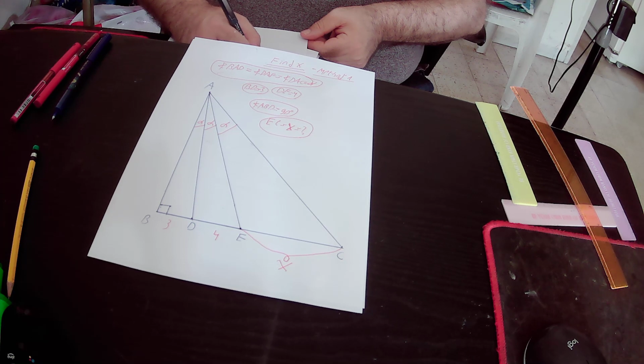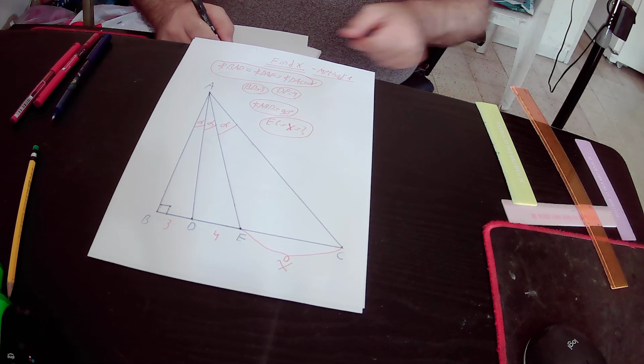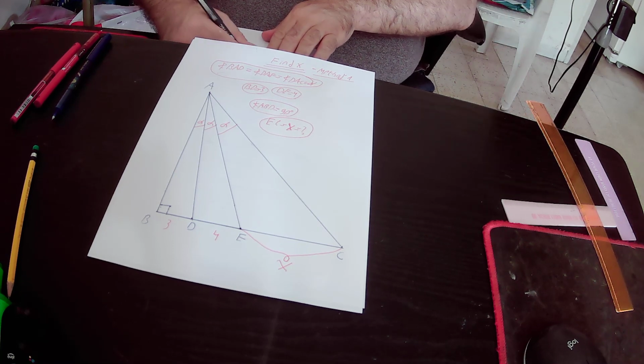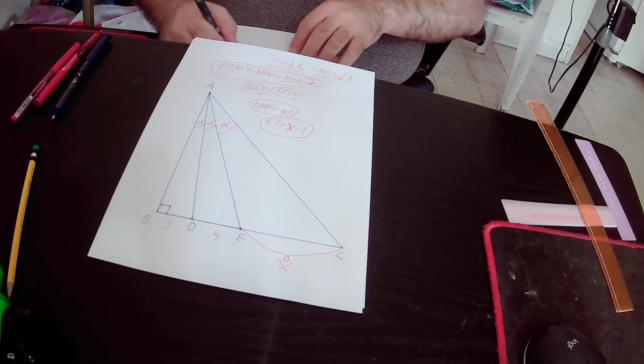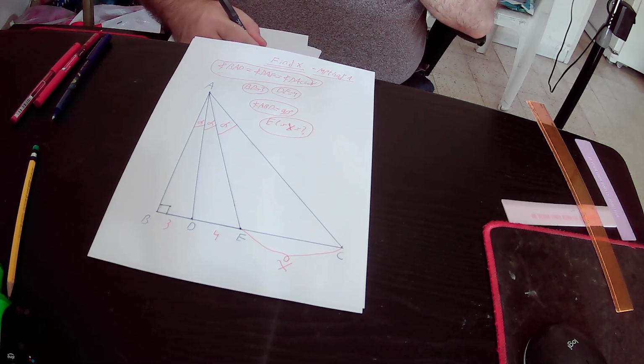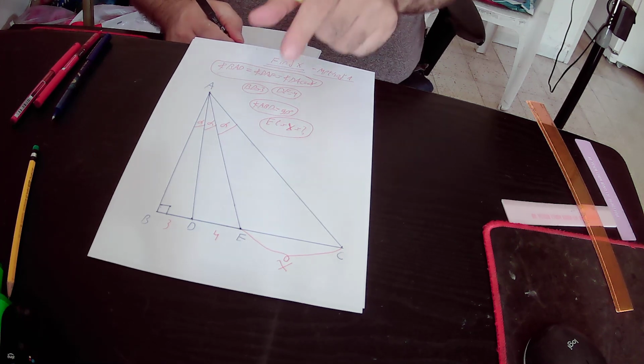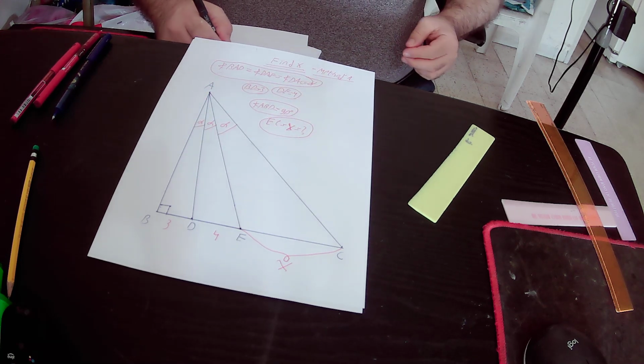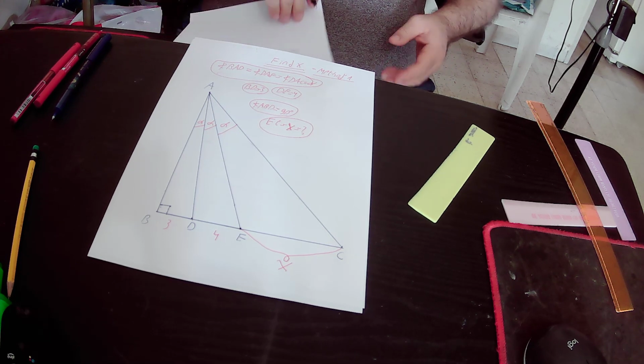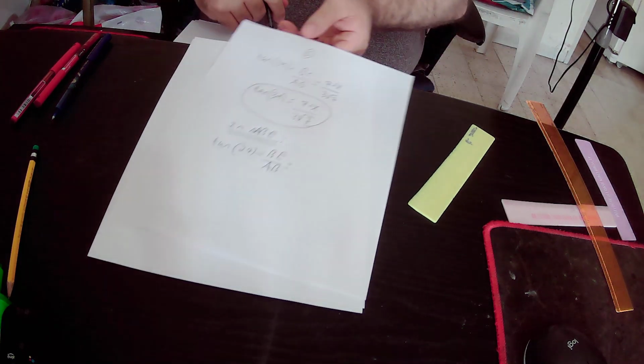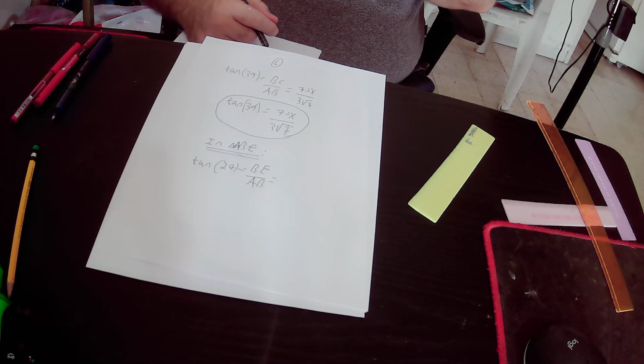So, on the right triangle, triangle ABE, we know that tangent 2 alpha equals to BE over AB.